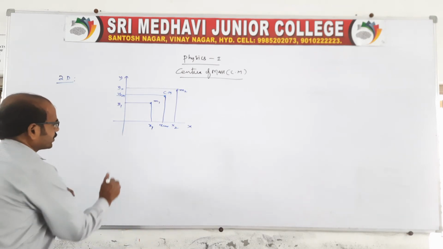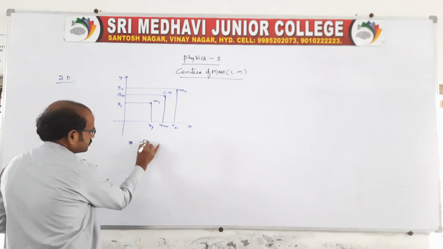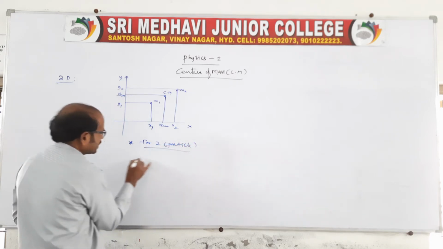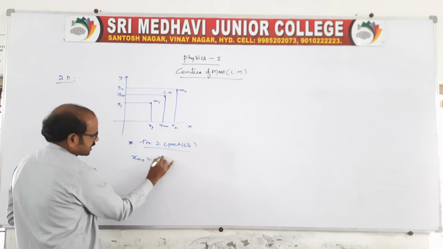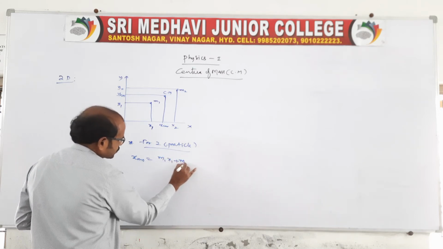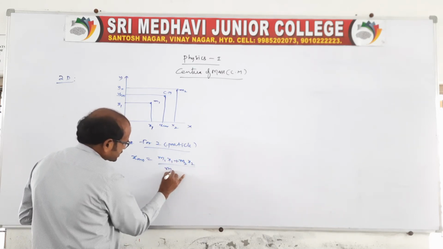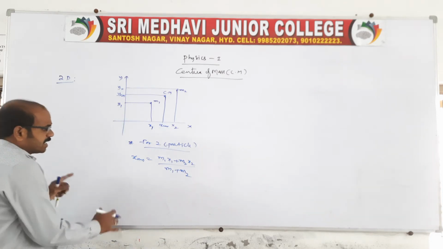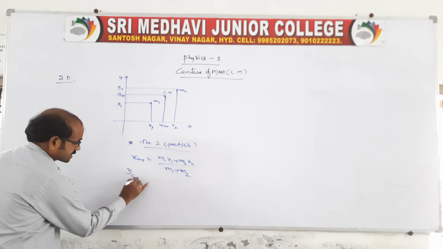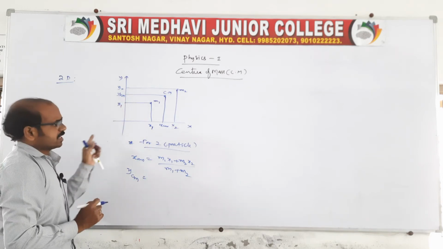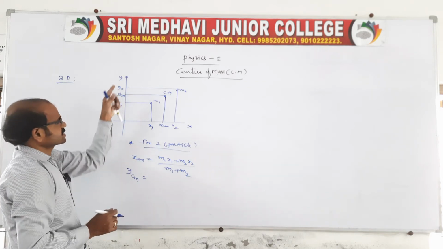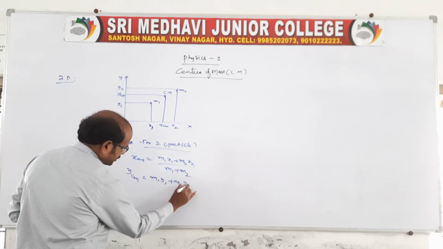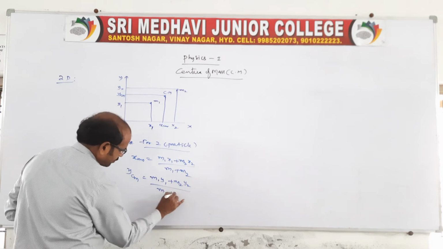So directly, for the two particle system, xcm is equal to m1 x1 plus m2 x2 by m1 plus m2. For ycm also, because it consists of two coordinates, x axis one coordinate, y axis another coordinate, ycm is equal to m1 y1 plus m2 y2 by m1 plus m2.